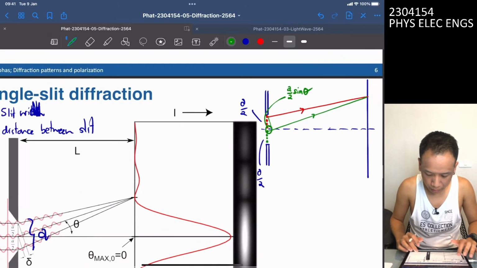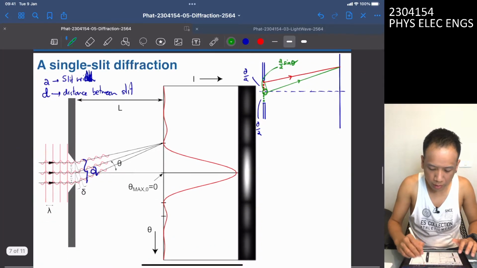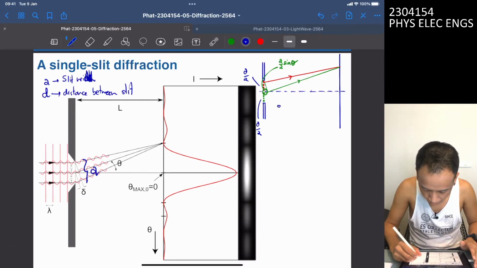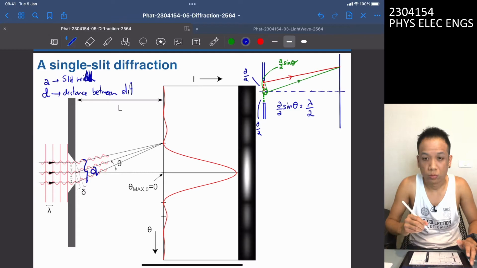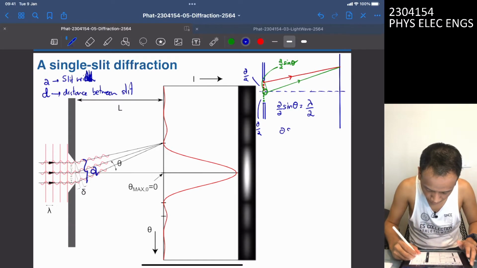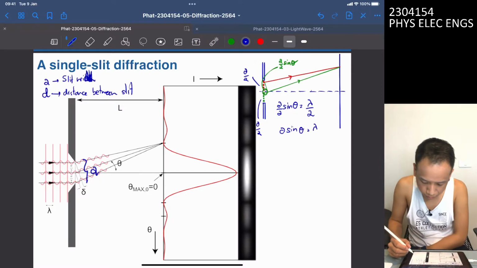Then we consider a dark fringe, a minima, so it means that A over 2 sine theta equals lambda over 2. Then you get A sine theta equal to lambda.